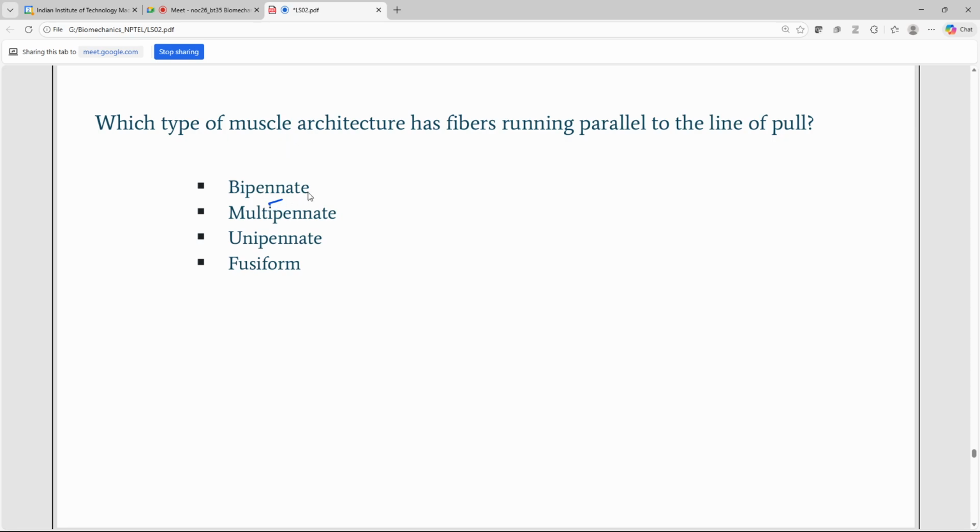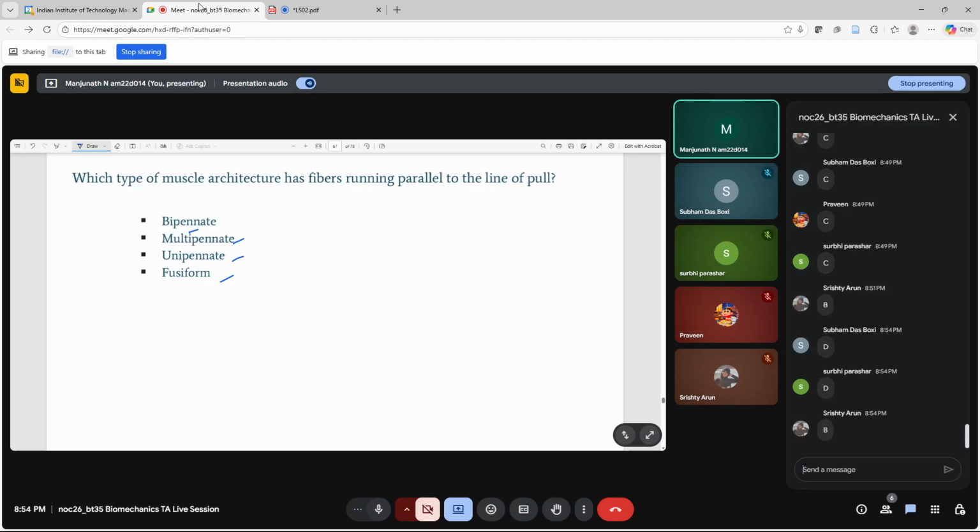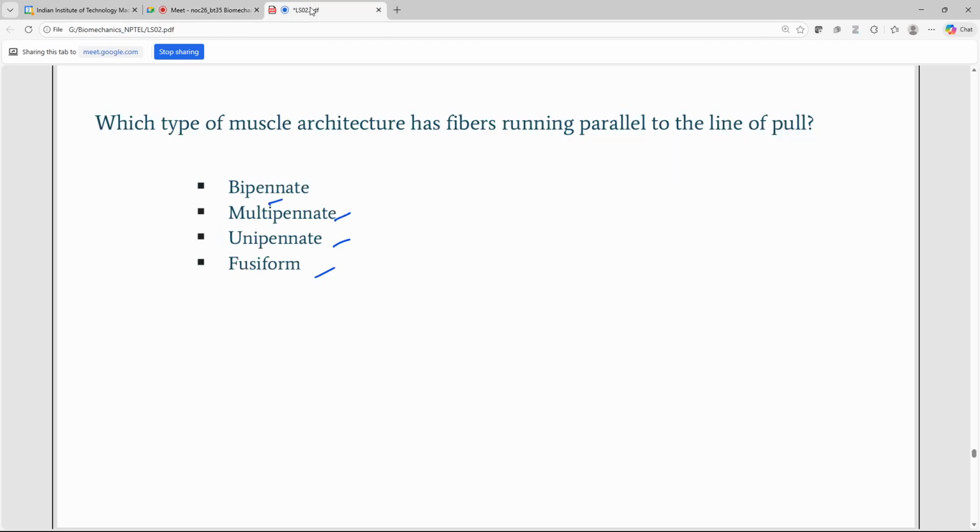Options are bipennate, multipennate, unipennate, and fusiform. The answer is option D, fusiform.